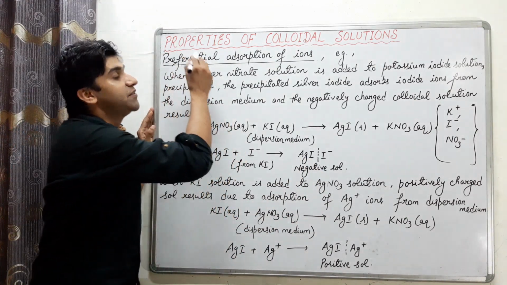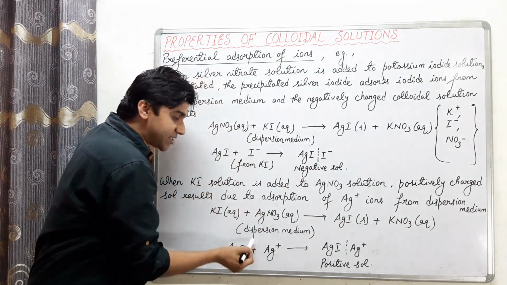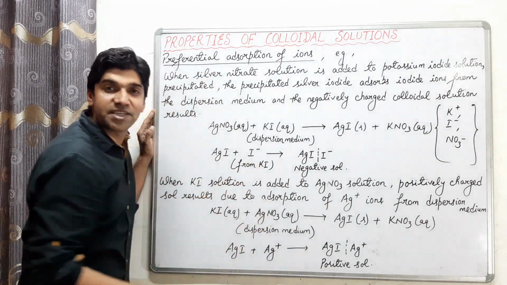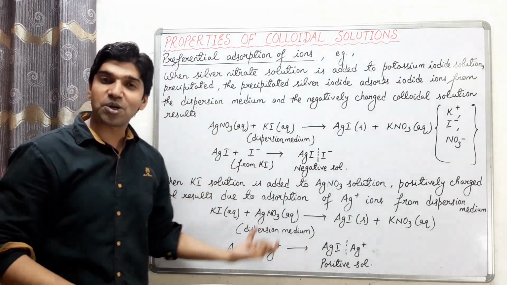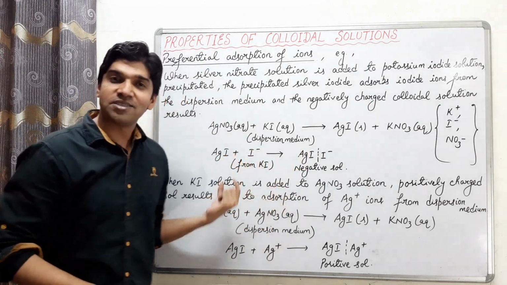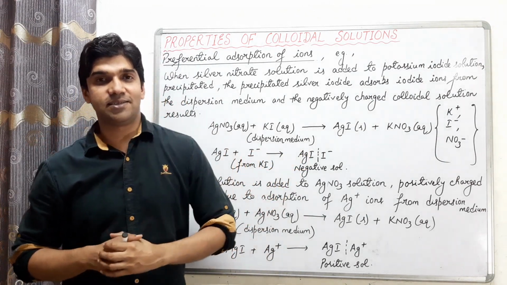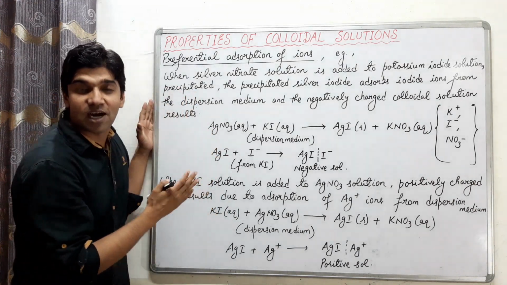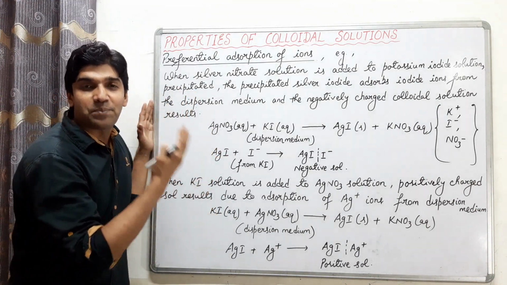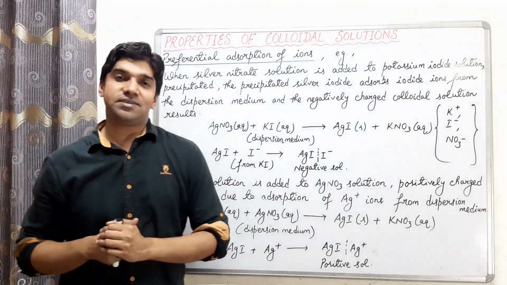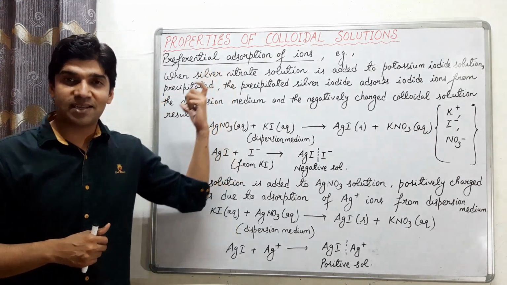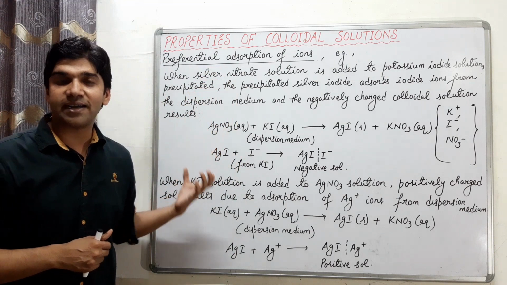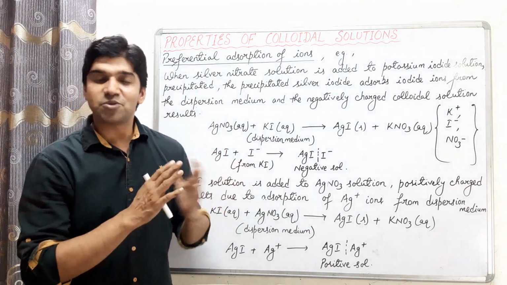By the preferential adsorption of the ions, of the cations or the anions on the sol particles. ठीक है? So that's about the origin of charges, that how the charge appears on the sol particles by the preferential adsorption of ions. इसको नोट करो.